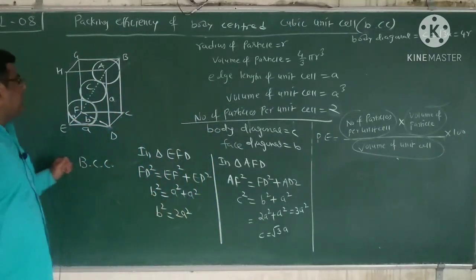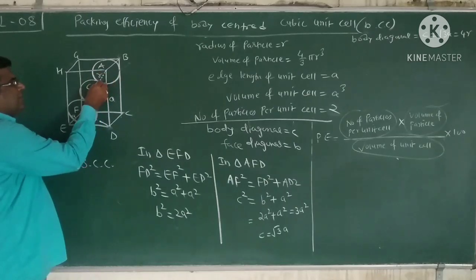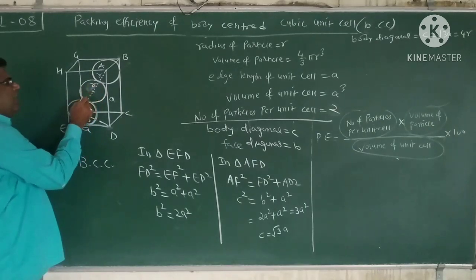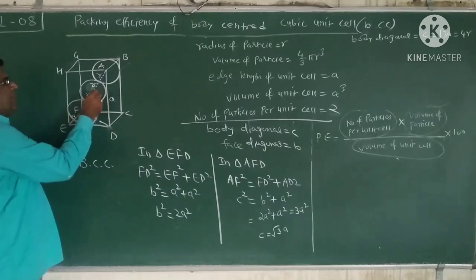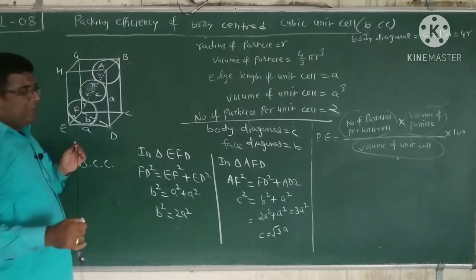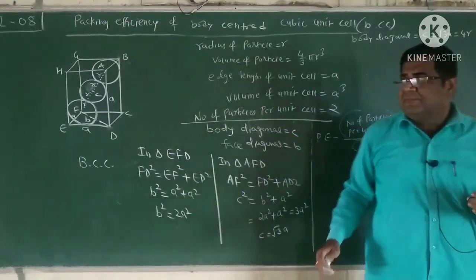How does it become 4 times the radius? From this part to this part is radius. From this part to this part is radius. From this part to this part is radius. From this part to this part is also radius. So radius plus radius plus radius plus radius, 4 times the radius.